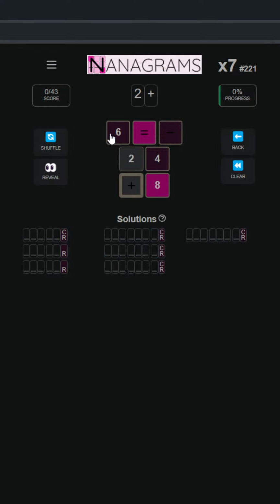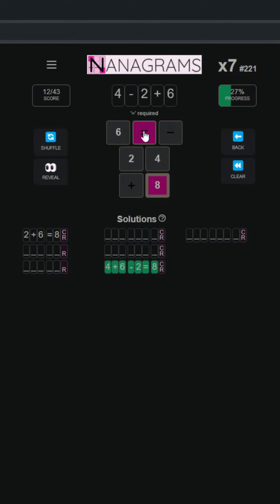I know 2 plus 6 is equal to 8. I know 6 plus 4 minus 2 is equal to 8. I know 4 minus 2 plus 6 is equal to 8. That might just be the commutative property of that.